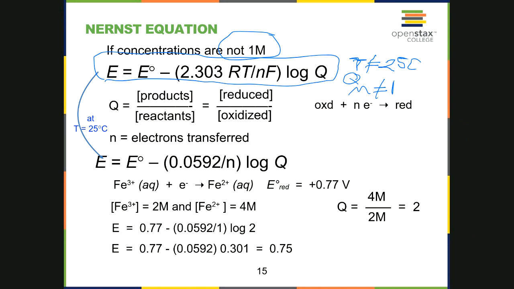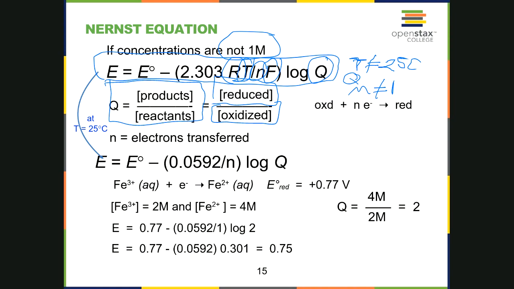So R is the gas constant, T is your temperature in Kelvin, F is Faraday's constant, N is the number of electrons that are transferred, and Q is a ratio of the concentrations. Or, as we did before, it's a reaction quotient. It's the products over the reactants, where the products are the reduced version divided by the oxidized version.